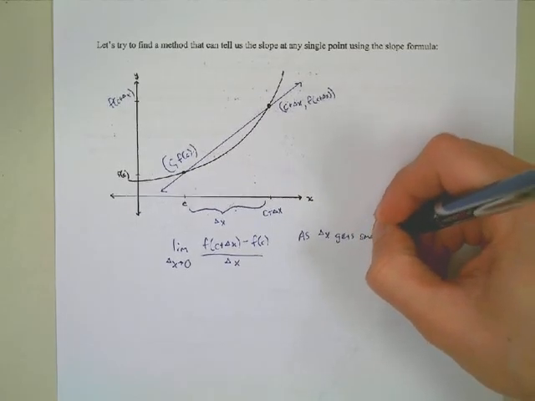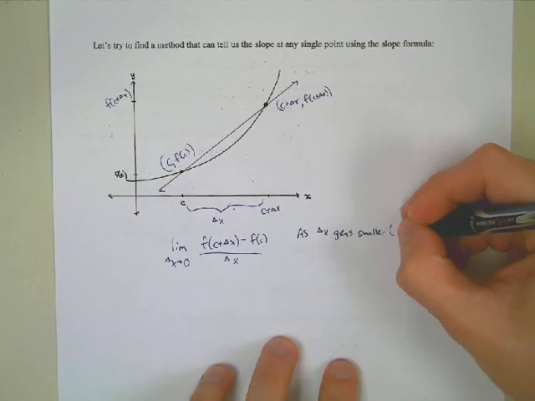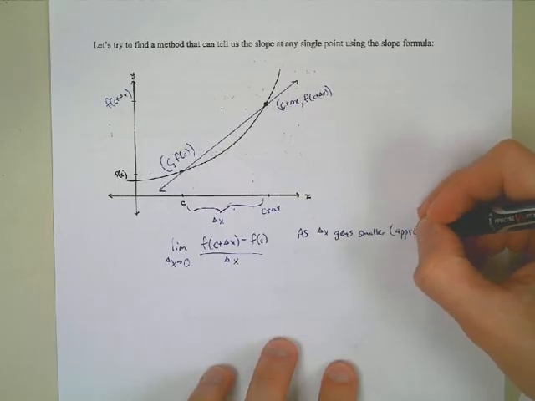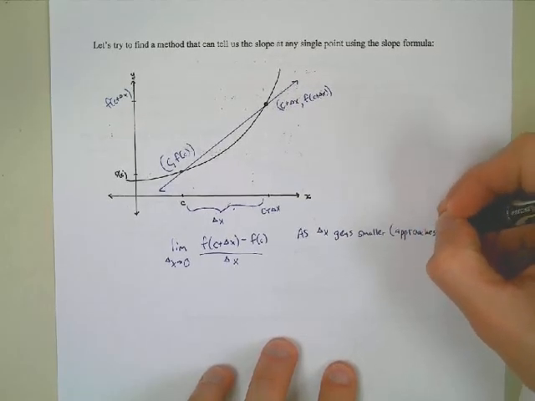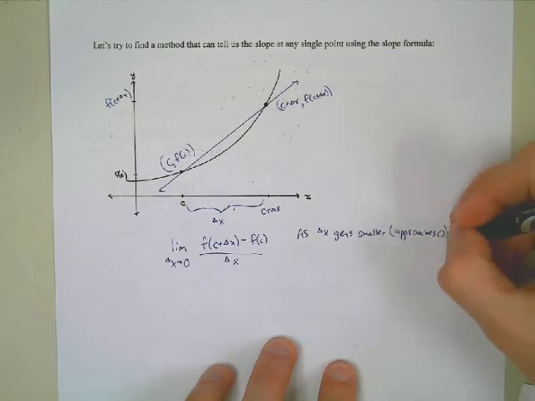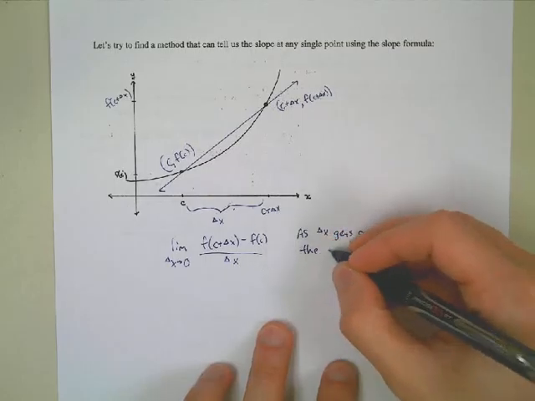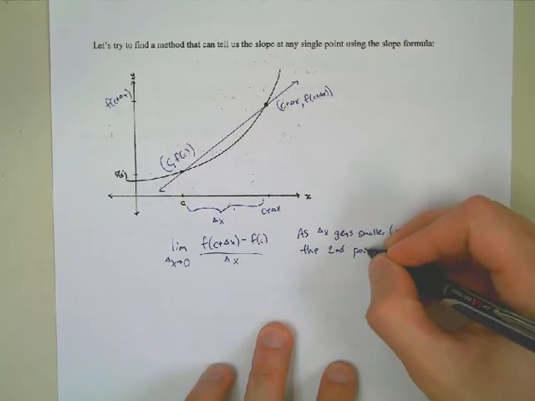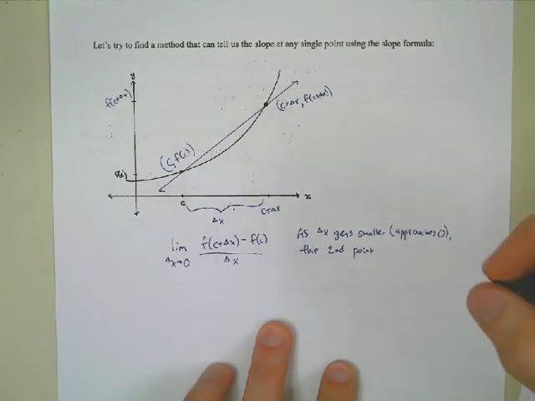So as delta x gets smaller, that is, in parentheses here, approaches 0, the second point gets closer to the first point.